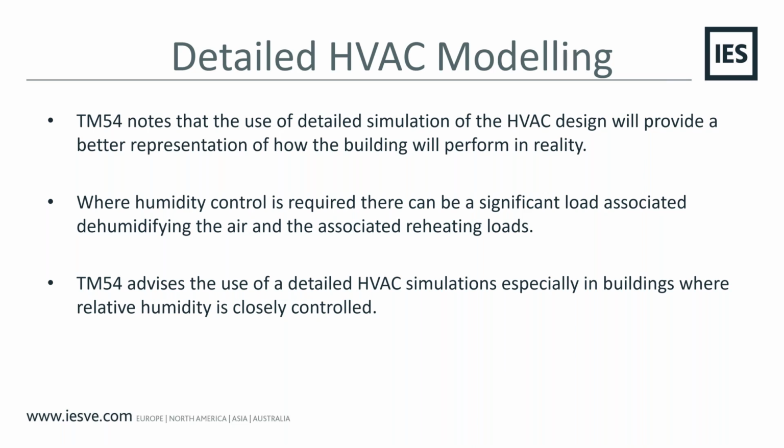This is largely due to the very large energy requirements involved in cooling air down to below the dew point, and then subsequently having to reheat that air. This can be very energy intensive, and in simplified approaches, it can be underrepresented.